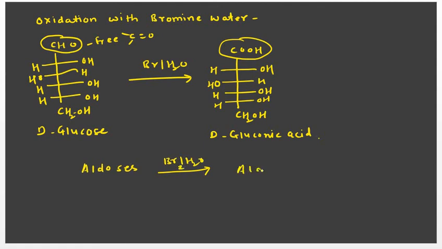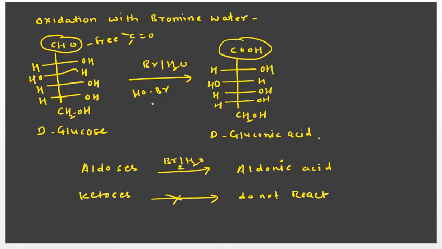So we can say that aldoses on reaction with bromine water are converted into aldonic acid. Remember, aldonic acid. But ketoses do not react with this bromine water. Now one thing which is important to remember here is that in this bromine water the reagent is HOBr.